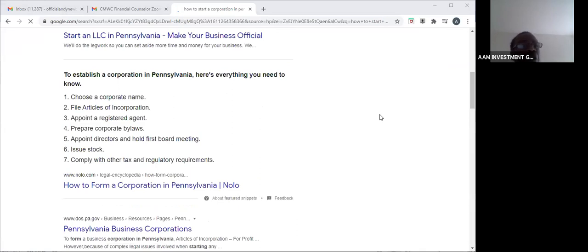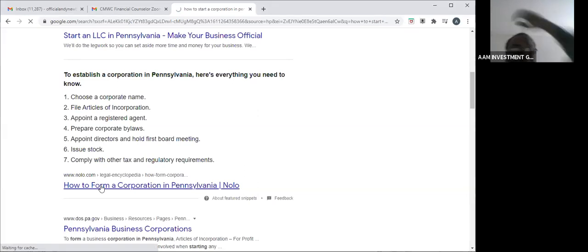All you have to do is click on that page and it will let you in. And when you get in there, this is going to lay it out for you step by step, the requirements that that state needs in order for you to create a business in that state.